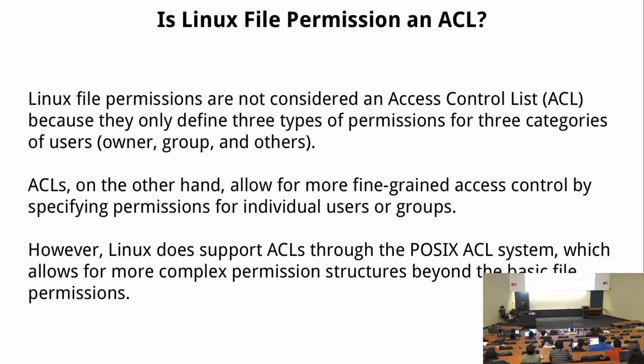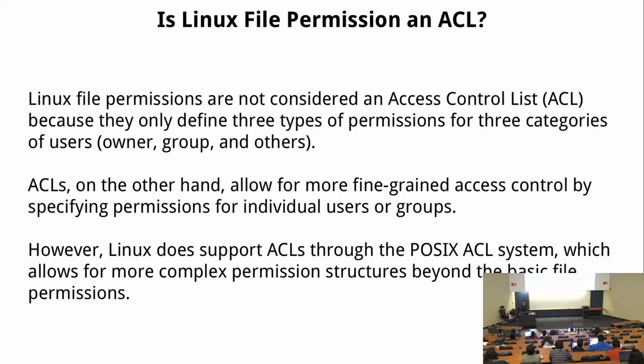So for a Linux file system, you cannot do that. Let's say you have 3 or more users, and you want to set a different permission for each of them. It's very hard to do that in Linux, okay? Because it's not a fully functioning access control list.